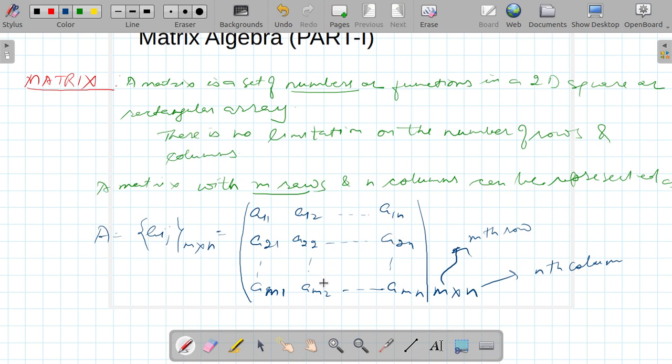And here let me choose this element. This is the element sitting in the first row and second column. This is the way we recognize it. Say A12, this is the first row and the second column, and this element is lying in the second row and second column, and so on.